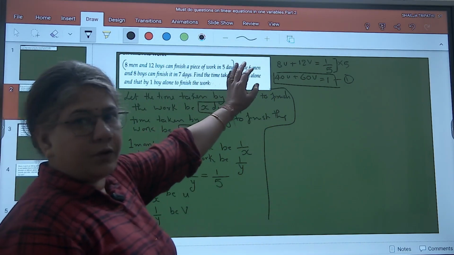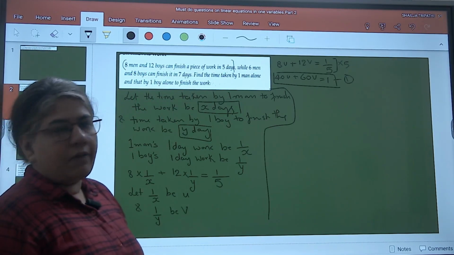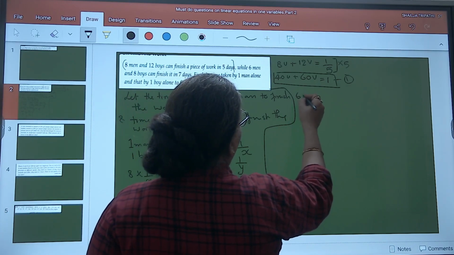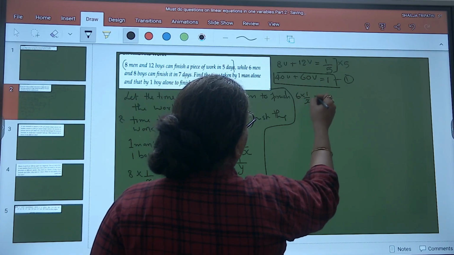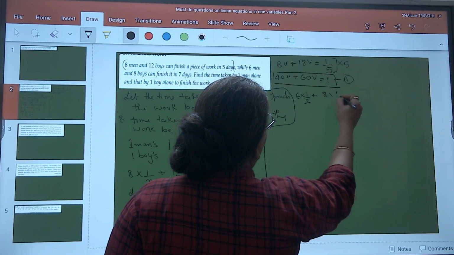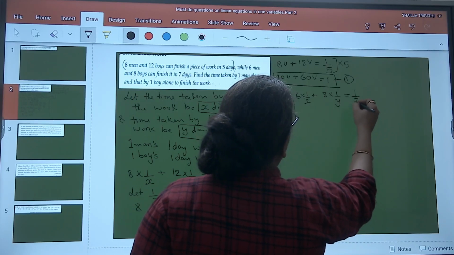Now the second part of the question says while 6 men and 8 boys can finish it in 7 days. So we'll write 6 multiplied by 1 upon x plus 8 multiplied by 1 upon y is equal to 1 upon 7.